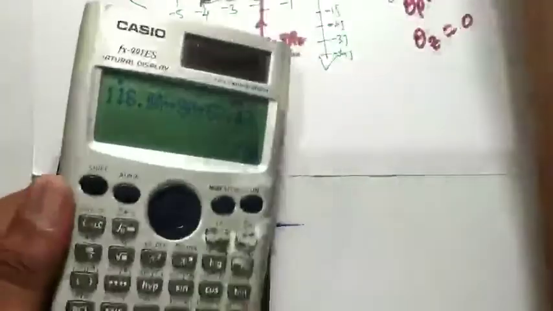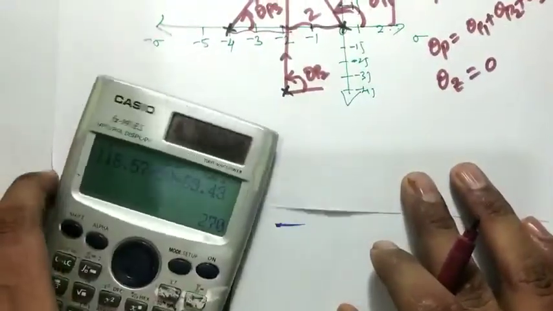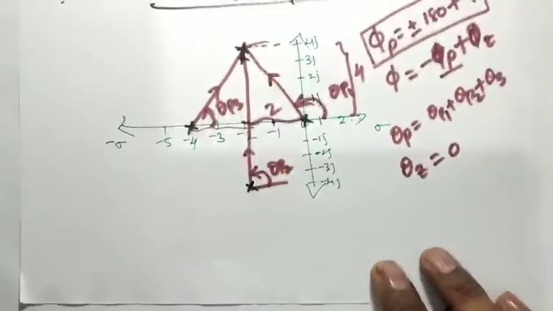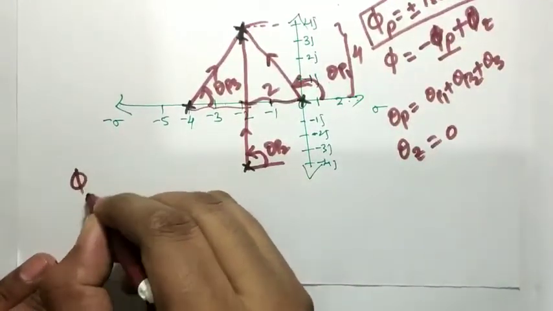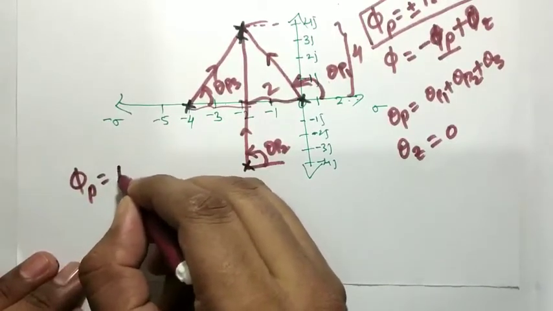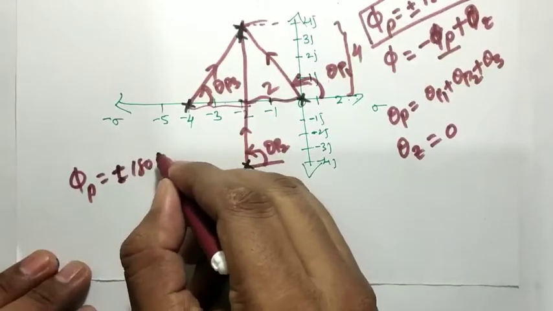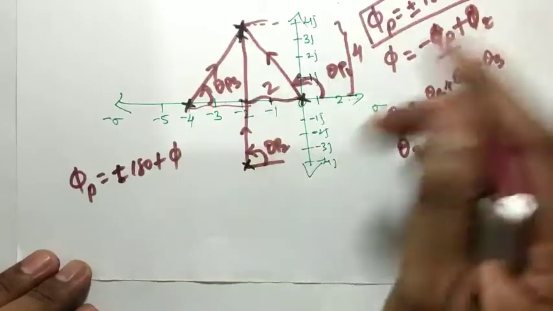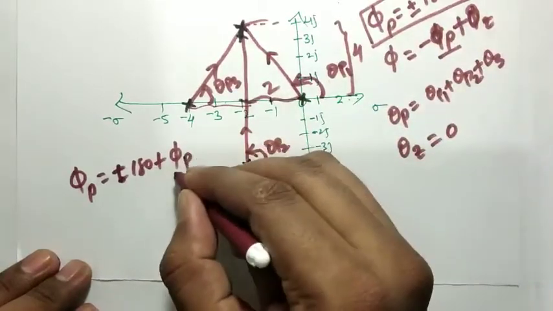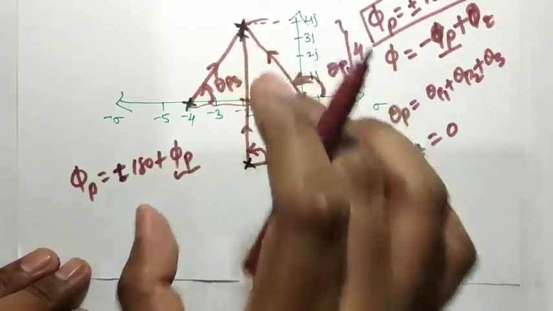So what is the equation we have? Our equation is this one. To find the angle of departure, theta is equal to plus 180 degrees, plus pi, minus the total angle contributed by the poles plus the total angle contributed by the zeros.